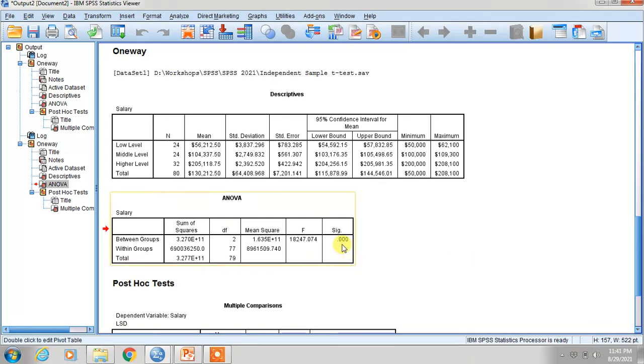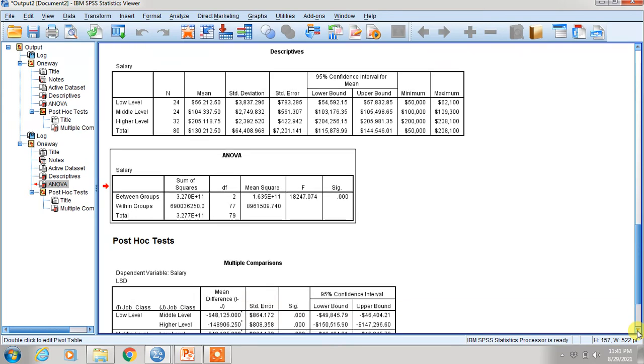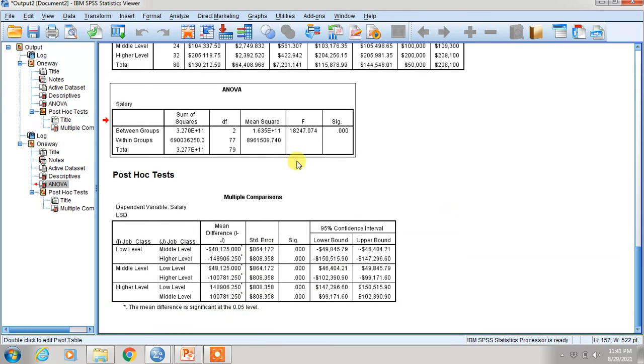So I have repeated this test, but this time I am interested to find the difference. Look, this ANOVA table shows that there is a statistical difference among these groups. It doesn't show whether group 1 versus group 2, or group 2 versus group 3, or group 3 versus group 1. But by using the post hoc test, we are able to find out the difference among the groups.